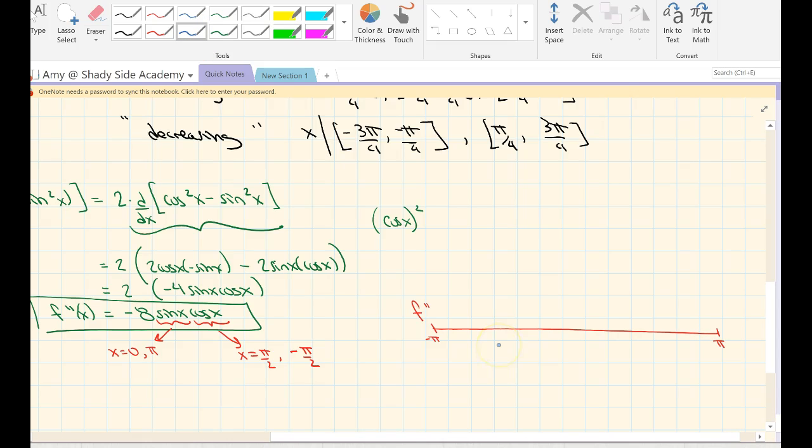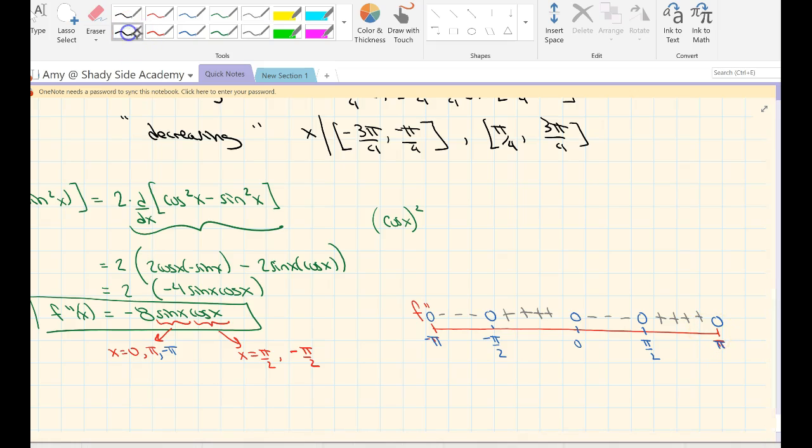Let's see, I've got negative pi over 2, 0, pi over 2, and pi, and also negative pi, interesting. And so f double prime is 0 at all of these. Go ahead and do the sign analysis then, if you would, please. Okay, here's my sign analysis.